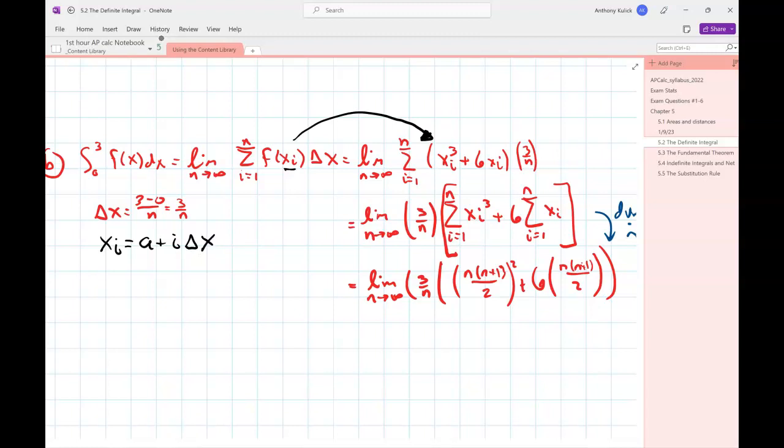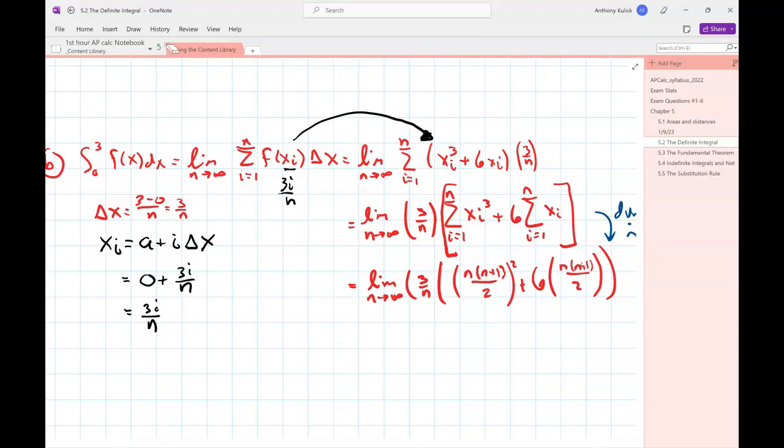That xi should be a plus i delta x. So in this case, that's going to be 0 plus 3i over n, or just 3i over n. So when I do f of xi, I'm really doing f of 3i over n.